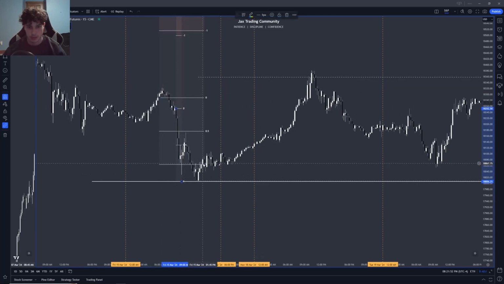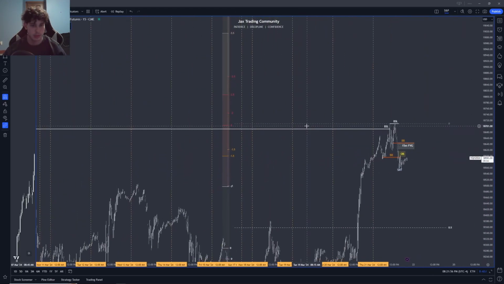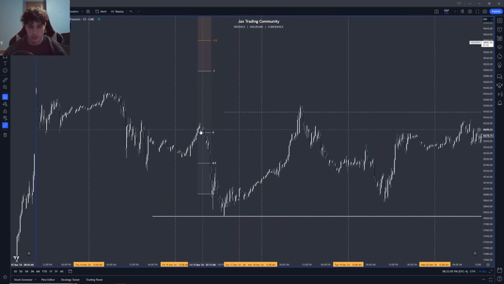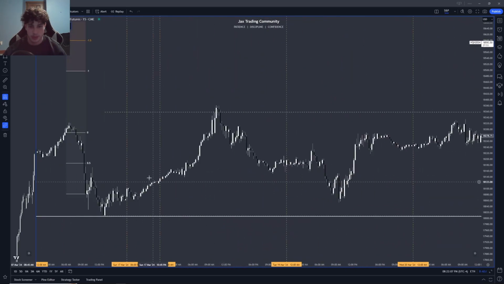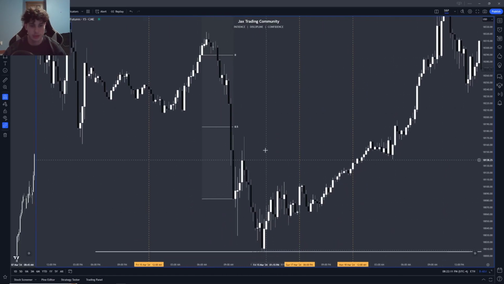Maybe like these candles right here. Yeah, this would make better sense. There we go. So you can see standard deviation of this would come right up to this 2 to 2.5 area on this strong manipulation leg. And how do I identify this manipulation leg? It's just the strong sell-off candles.